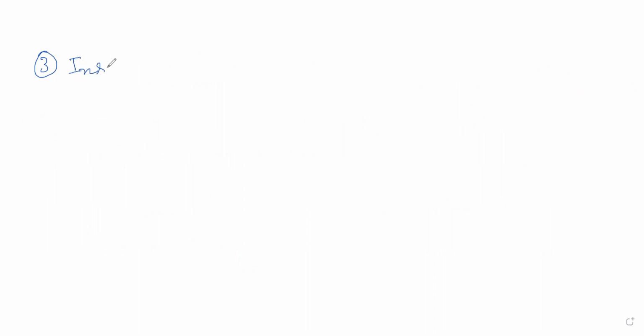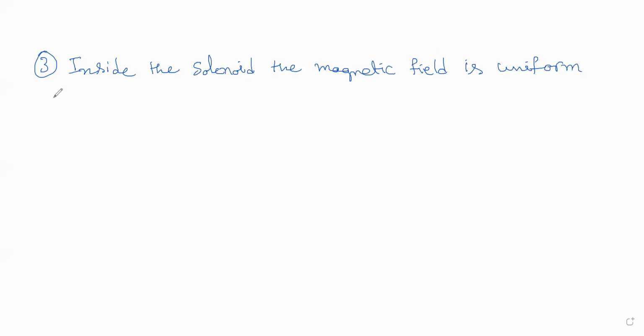The third point: inside the solenoid, the magnetic field is uniform and parallel to the axis of the solenoid.